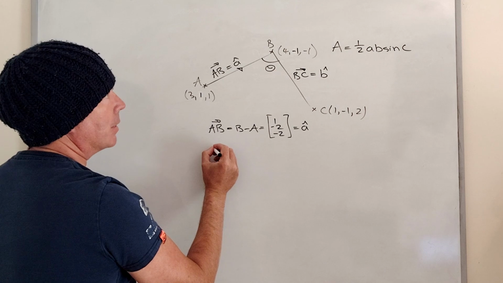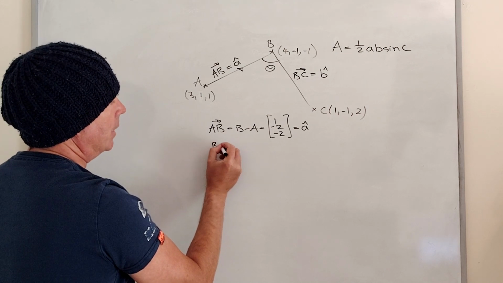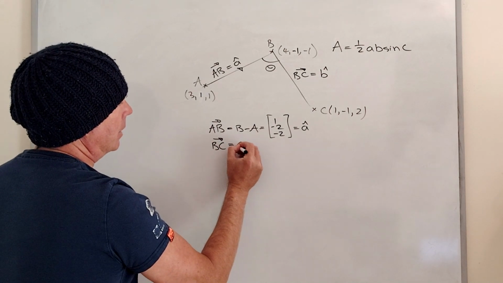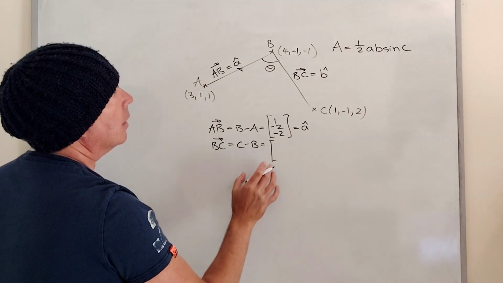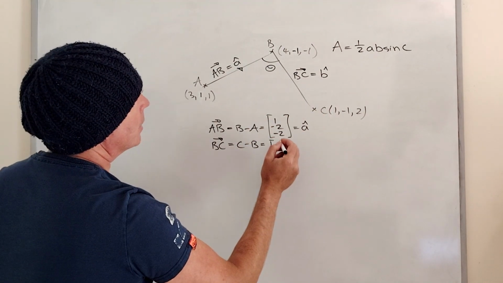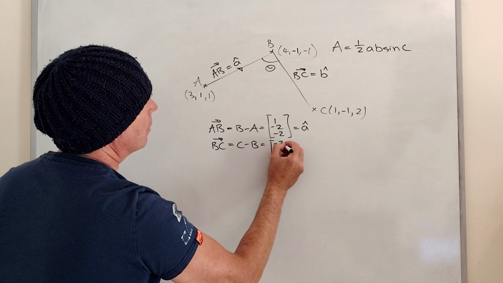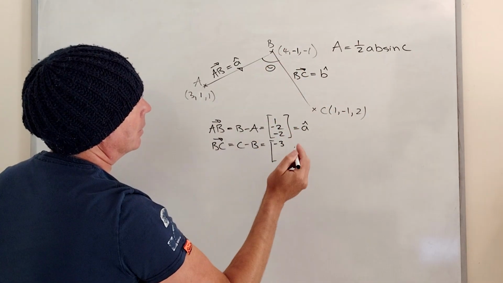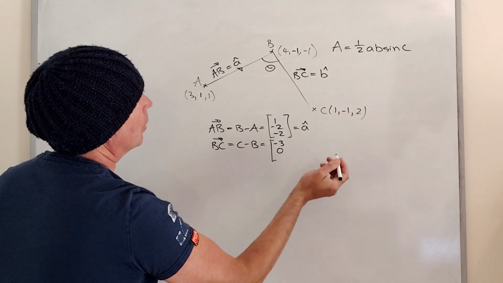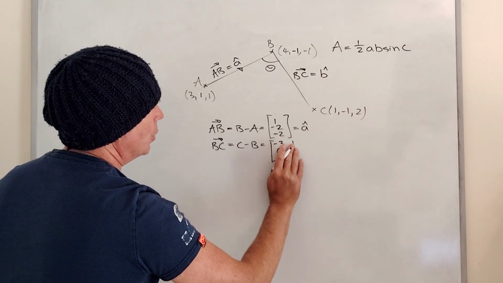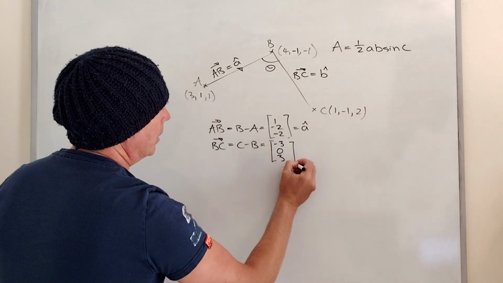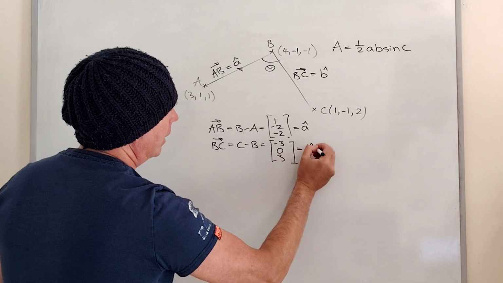My second vector is BC, which once again is C minus B. That gives us 1 subtract 4 is -3, -1 subtract -1 is 0, and 2 subtract -1 is 3. So we've got two pretty straightforward vectors, a and b.